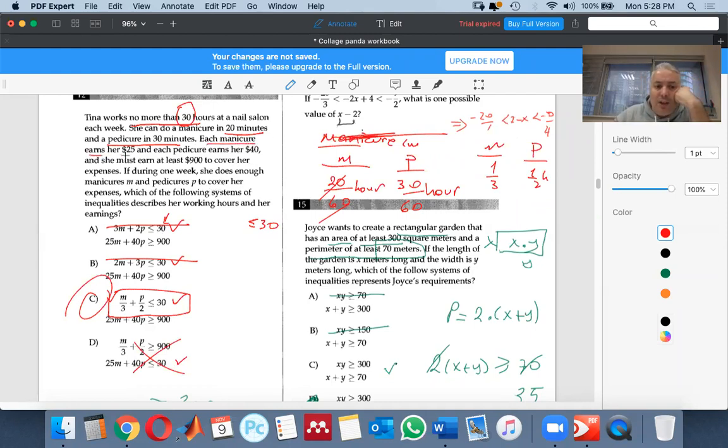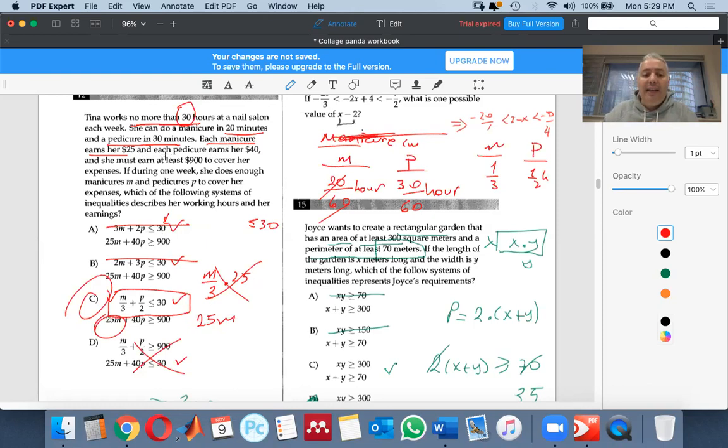Each manicure earns 25. So M over 3 times 25. No, not M over 3. M over 3 was how many hours? So each manicure was M. So if I earn 25 each, it means 25 times M, which is here.